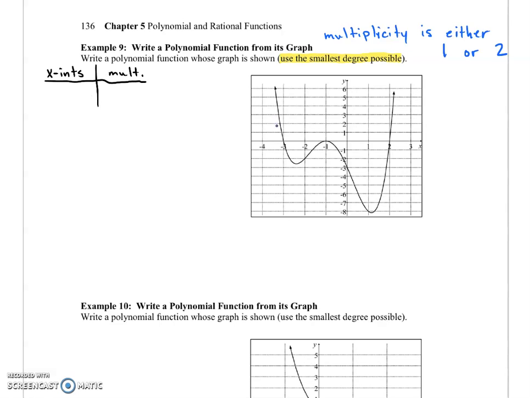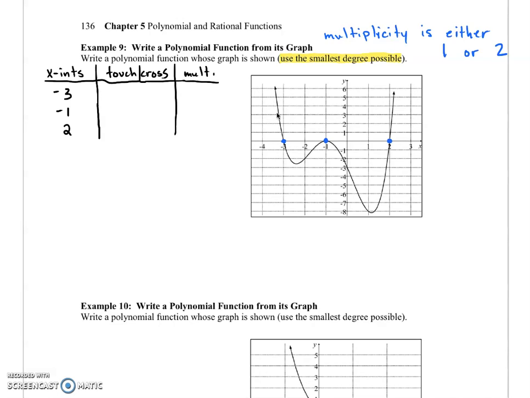We have for our x-intercepts -3, -1, and +2. And I'm sorry, let's write whether they touch or cross and then do the multiplicities.